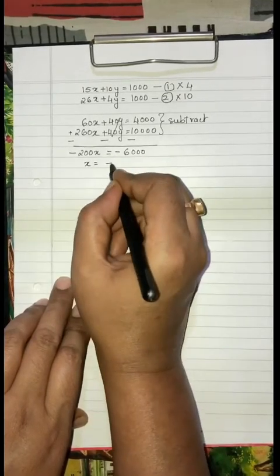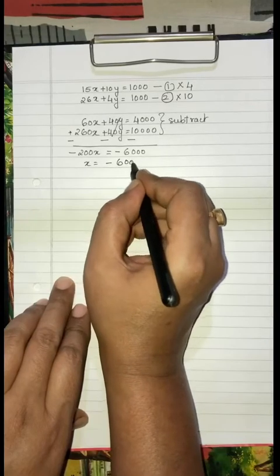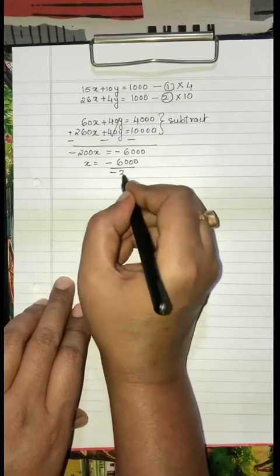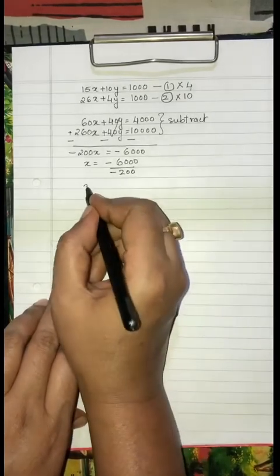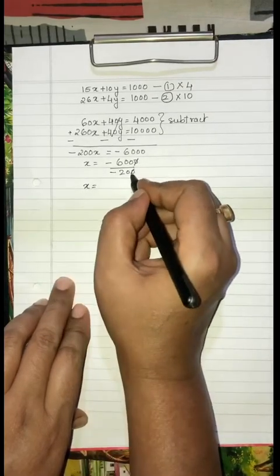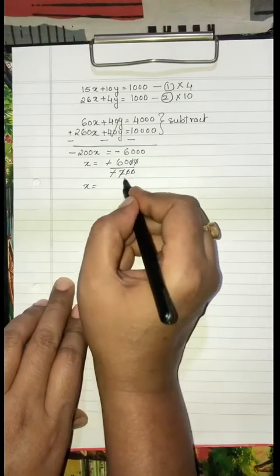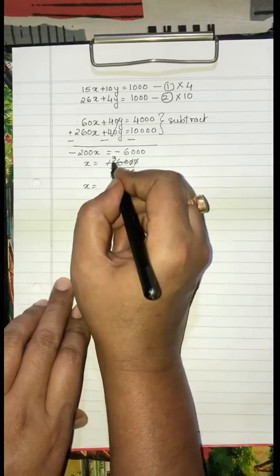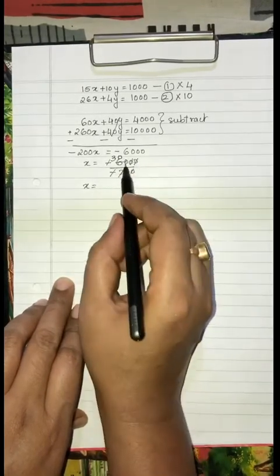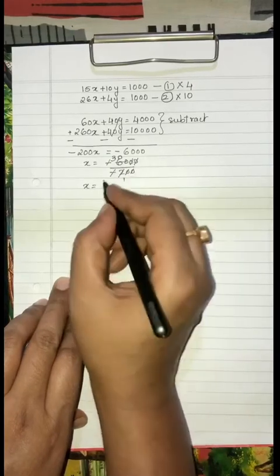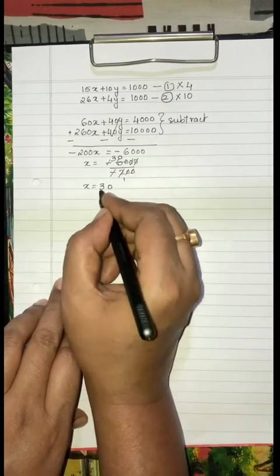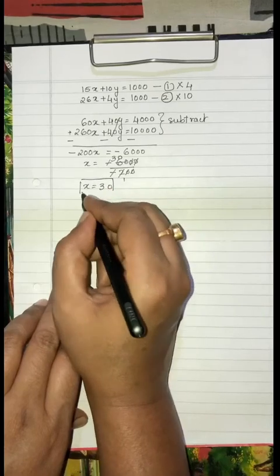So x is equal to minus 6,000 upon minus 200. That gives you, zeros cancel, minus and minus becomes plus, 2 threes are 6, and 0 is left, 30. So x is equal to 30, children.